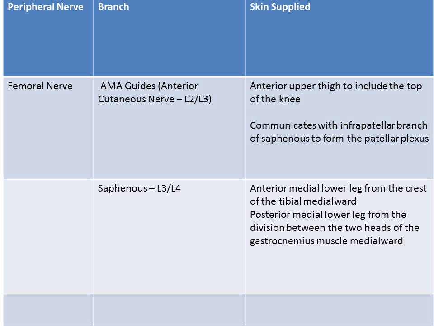Also, the anterior cutaneous nerve communicates with the infrapatellar branch of the saphenous to form the patellar plexus. Now, the saphenous is the continuation of the femoral nerve below the knee.